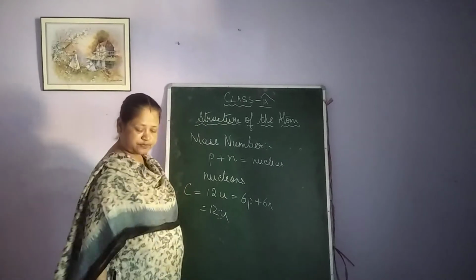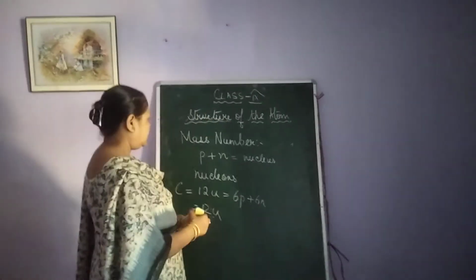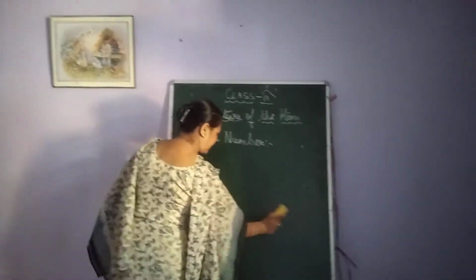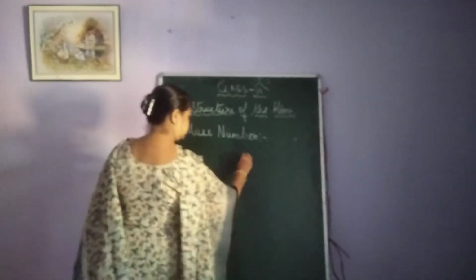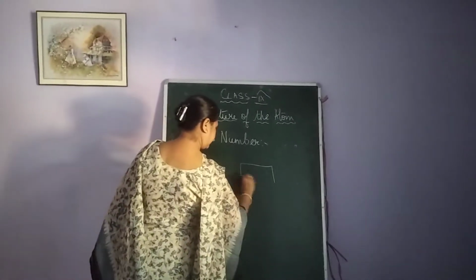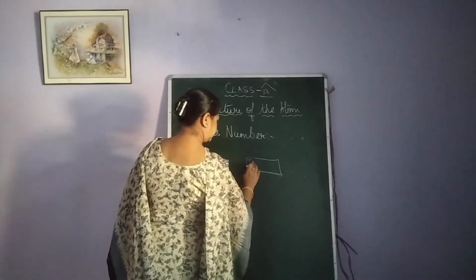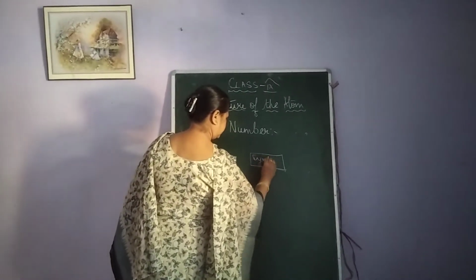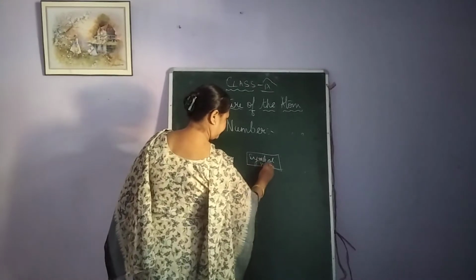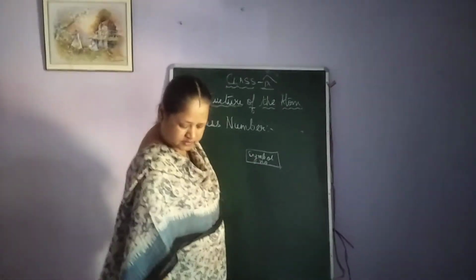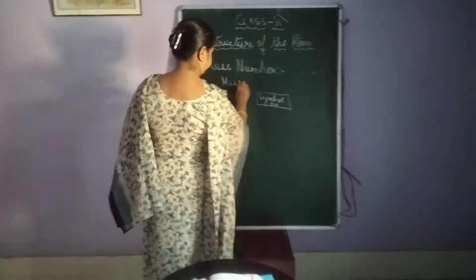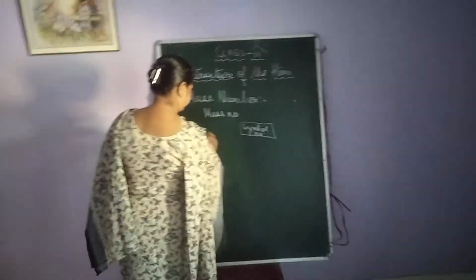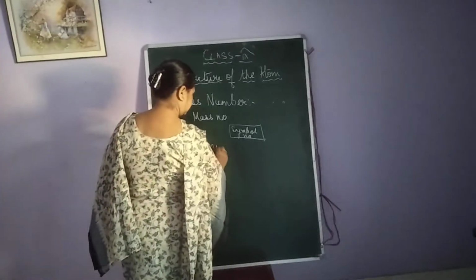And how do you represent the mass number? The symbol of any element will be written, and then the mass number is written on the top, and the atomic number is written at the bottom.